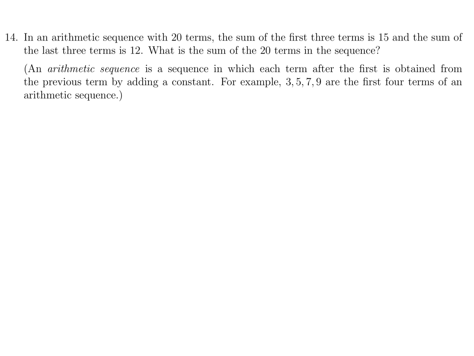In an arithmetic sequence with 20 terms, the sum of the first 3 terms is 15. The sum of the last 3 terms is 12. What is the sum of the 20 terms in the sequence? So the terms are a, a plus d, a plus 2d, and so on, right? You guys get the point. All the way up until a plus 19d would be the last term.